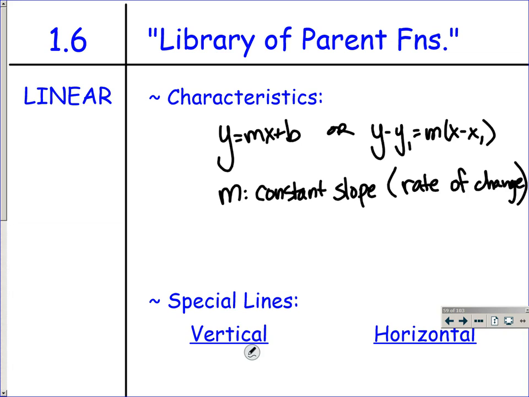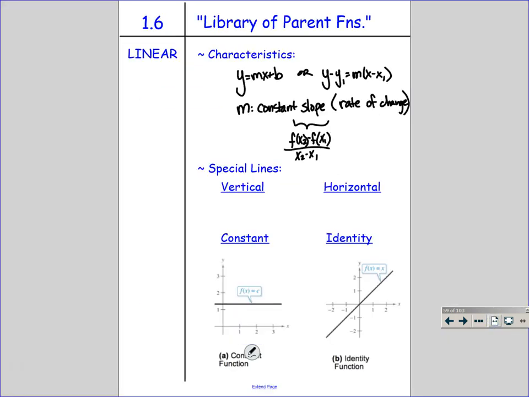And how do we find slopes or rates of change? Can I do the snazzy f of x2 minus f of x1 over x2 minus x1, which is a snazzy way of saying y2 minus y1 over x2 minus x1. Snazzy function notation. Average rate of change.